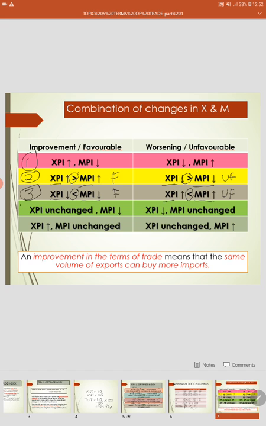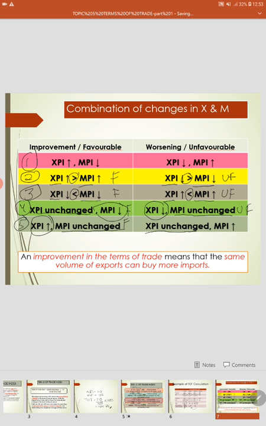In the case of XPI doesn't change but MPI is reducing, then you get a favorable movement. Or MPI unchanged but XPI is falling, then it will be unfavorable. And if you have MPI unchanged but XPI is rising, then favorable.